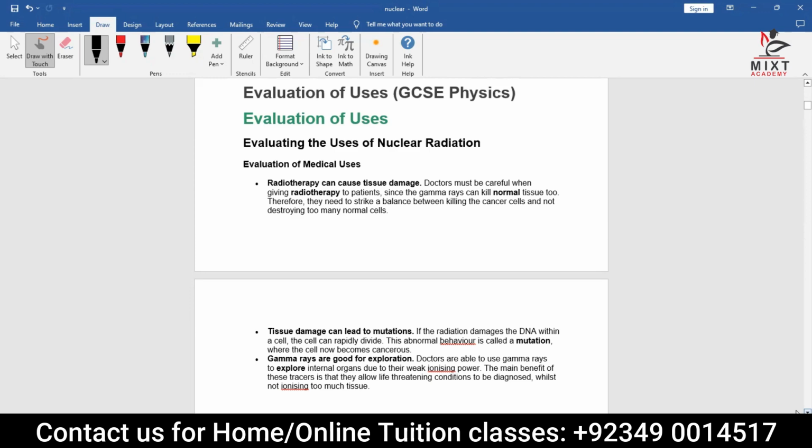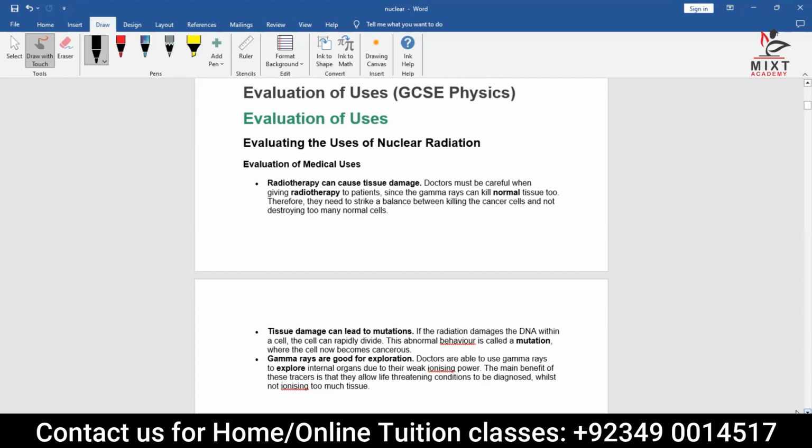When too many cells are affected by gamma radiation, the cells start to mutate. Mutation means they become cancerous and start multiplying themselves.